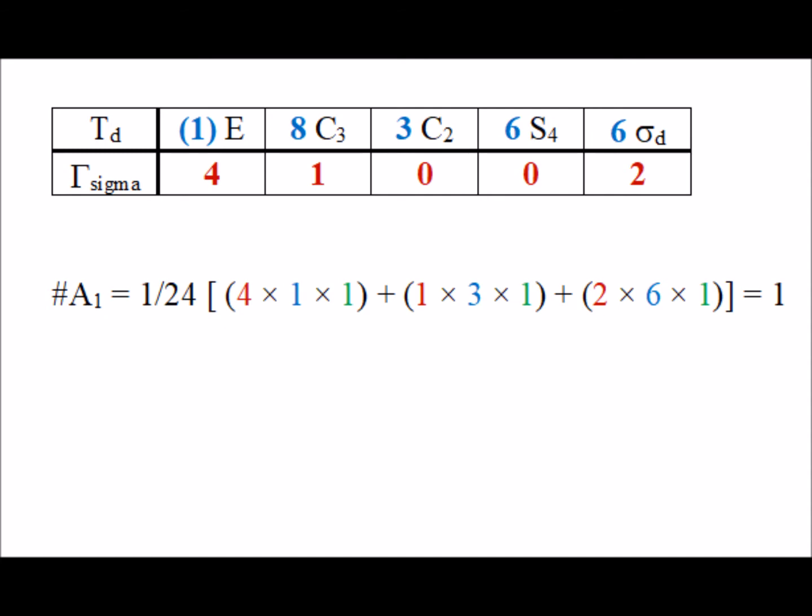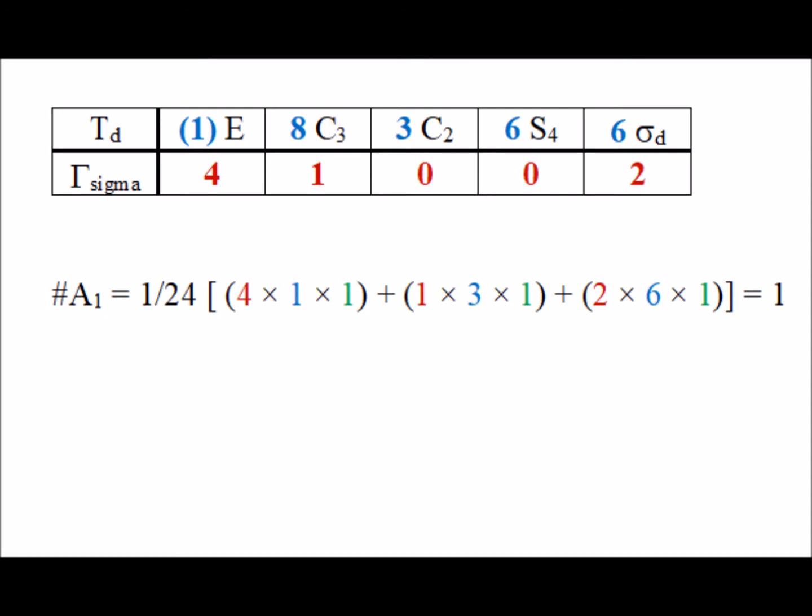For A1, the character under E is 1, so it's shown in green. Now you'll notice that we have 3 sets of terms, while there are 5 characters in the reducible representation. Here we're using the fact that if you multiply anything by 0, you get 0. So you can simply ignore any of the characters that are 0 in the reducible representation, the 2 red zeros.